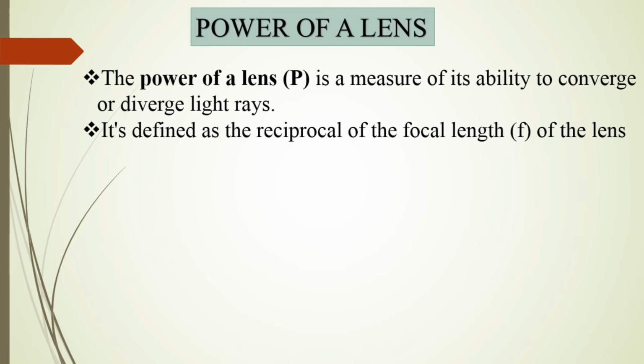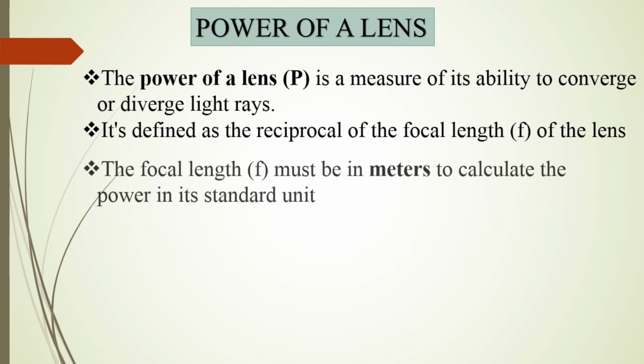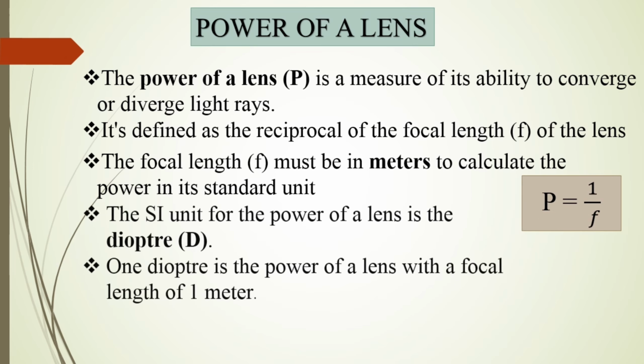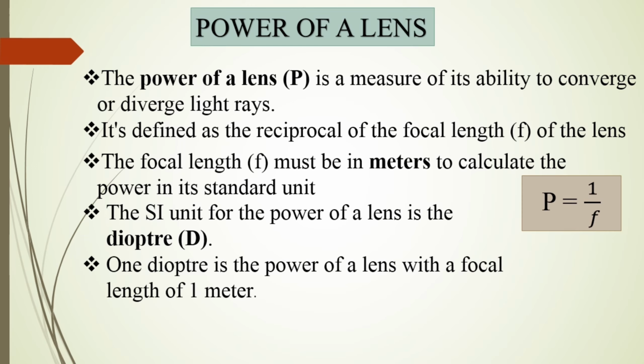It is super important here to remember that the focal length must be in meters. The unit for power is the diopter, abbreviated as capital D. For a convex lens, power is positive, and for a concave lens, power is negative.